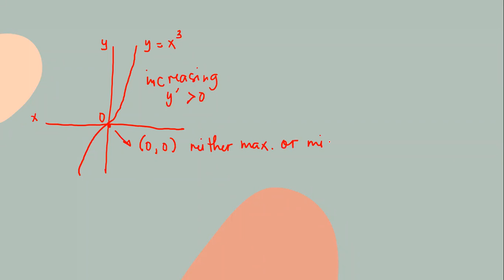Upward, positive, downward, negative. Therefore, here, you have increasing, y prime is greater than 0. At this point, you have 0, 0, kasi you have the origin. Kaya yung x natin is 0 and yung y is 0. Neither maximum or minimum.